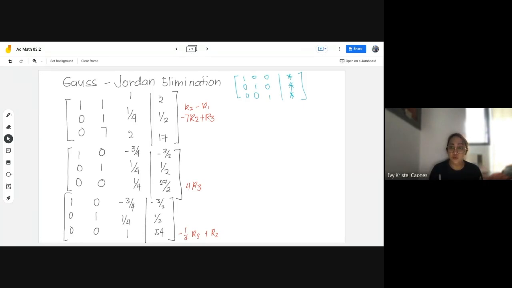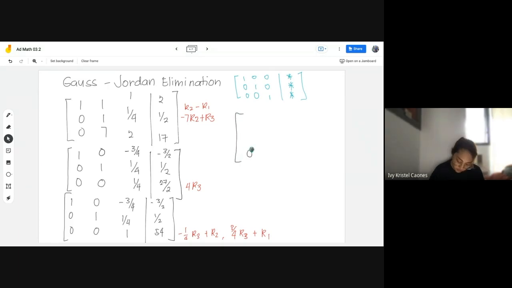You can do 1/4 R3 minus R2. That works too. Then here, you will not do anything after you have this. But on that first row, it will be 3/4 R3 plus R1. That can also be done, and it will give you an equation.